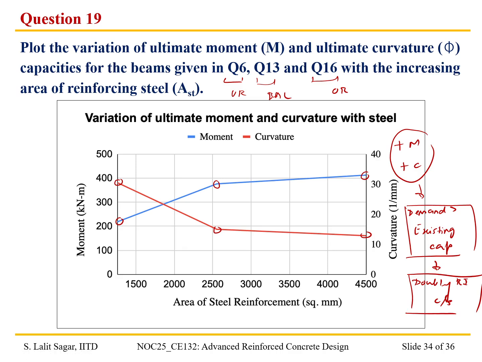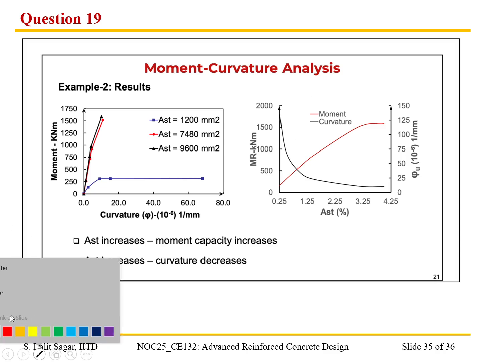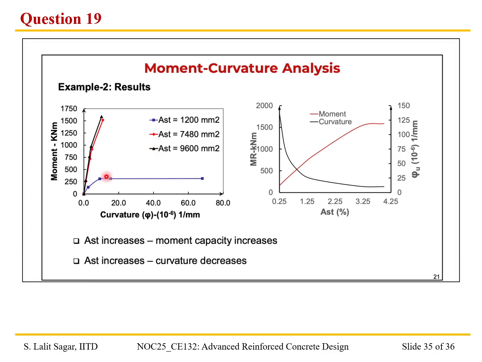So with that, I think we have come to the conclusion of today's session. This is again the slide from Sir's lecture today, in module 5. We have seen that similar results were obtained from the example that he solved as well.